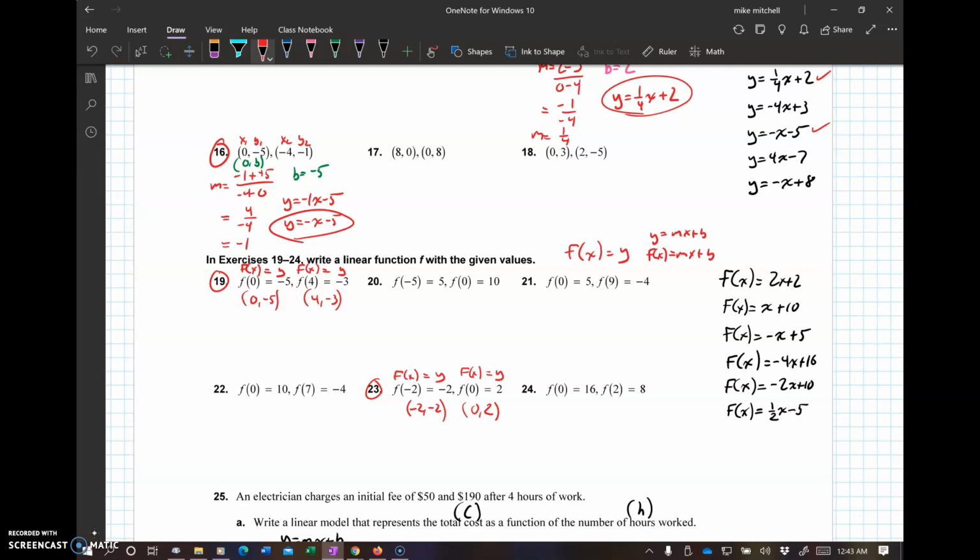So y, f of x are basically the same thing here. So using that idea, I got that written out up here. That means x has to be 0, y is -5. There's a point. X is 4. Y is -3. 4, -3. You can see that's where I got the 0 and the -5 over there.